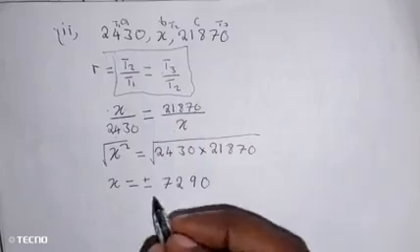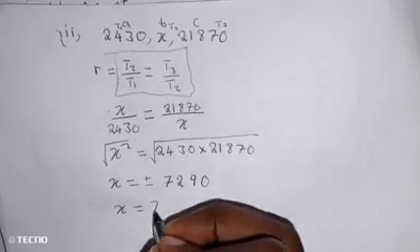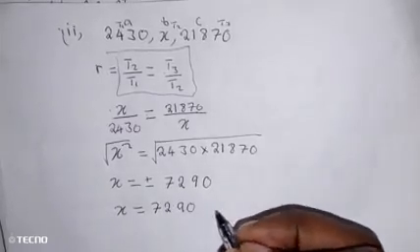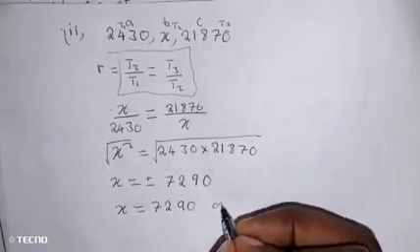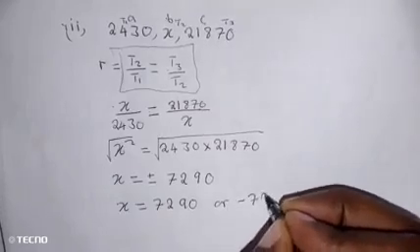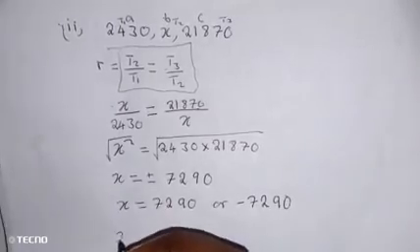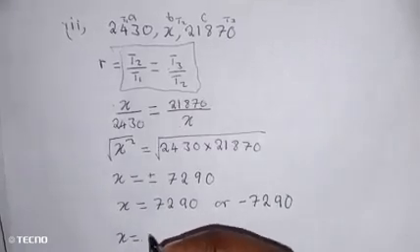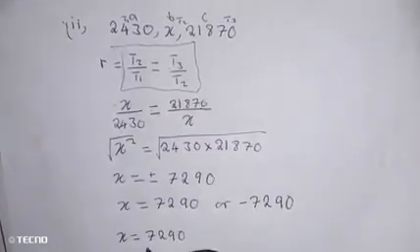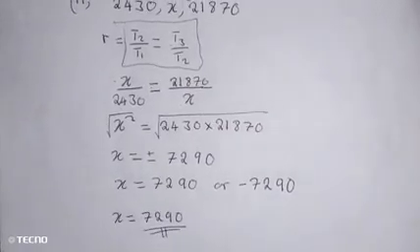So here this is my value. x is equal to 7290 or negative 7290. But the base answer that we are going to get is 7290. Then you are done. So we consider the positive one.